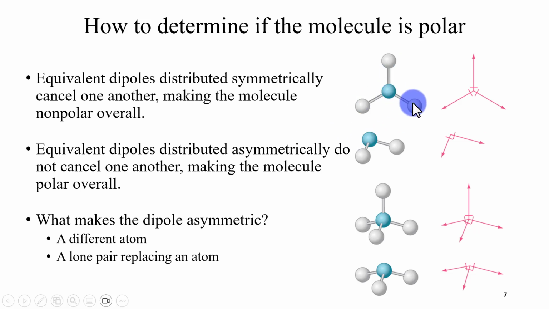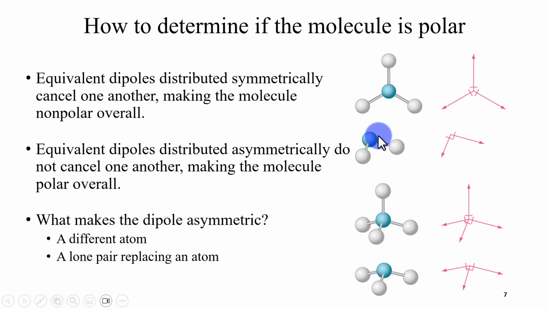So here's the trigonal planar molecule. We have a central atom bonded to three of the same types of atoms. These dipoles are equivalent and they are symmetrical. That means that their sum is going to equal 0. Now, if I have dipoles that are equivalent, but they are distributed asymmetrically because I replaced one of these with a lone pair or two lone pairs.